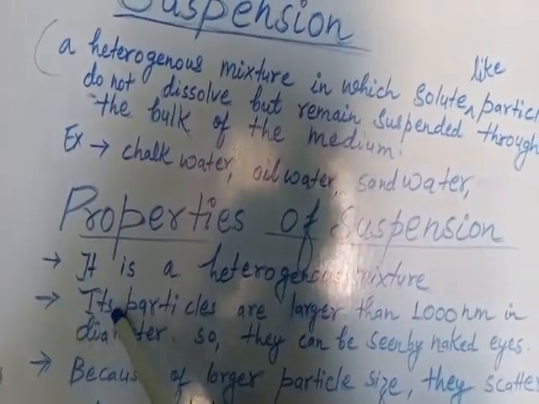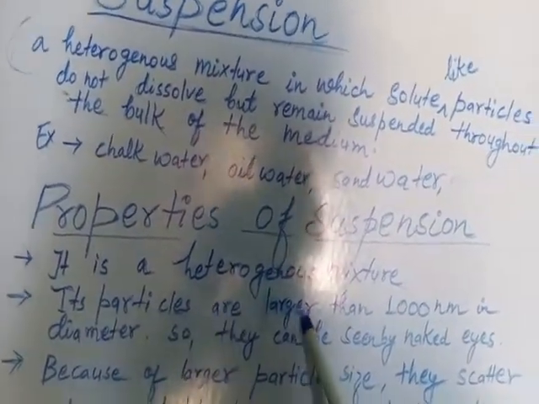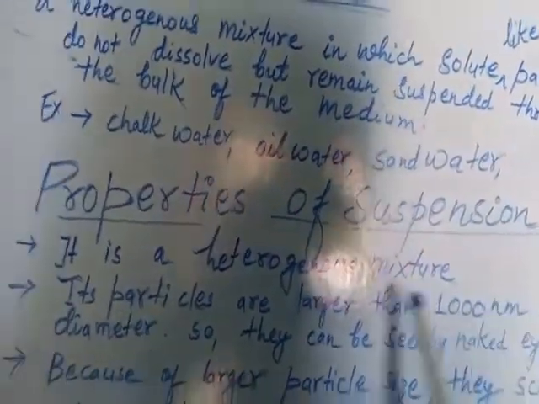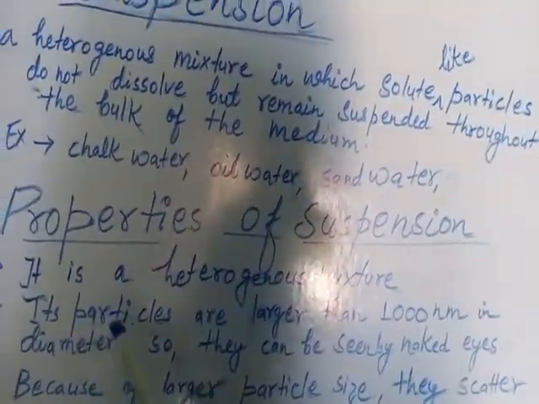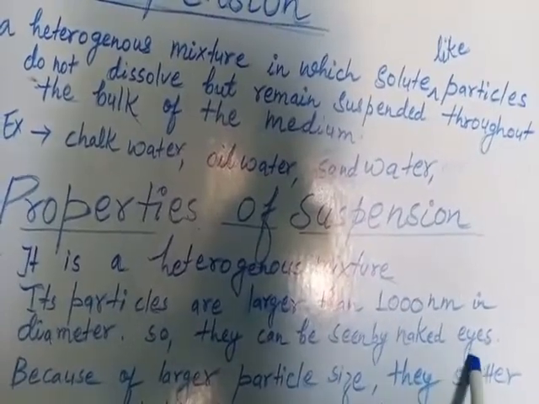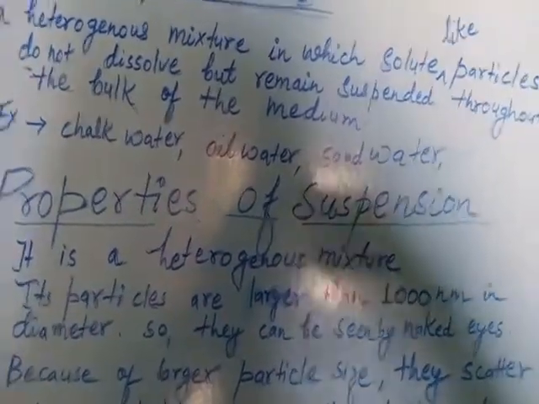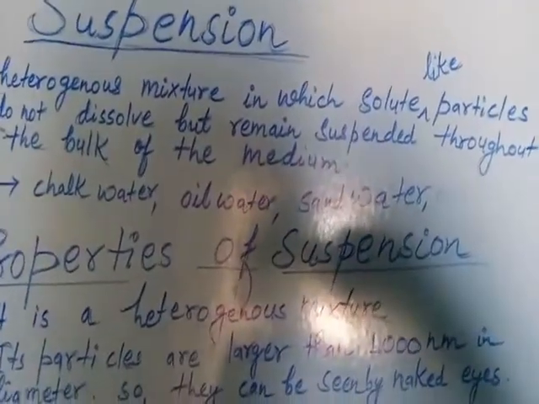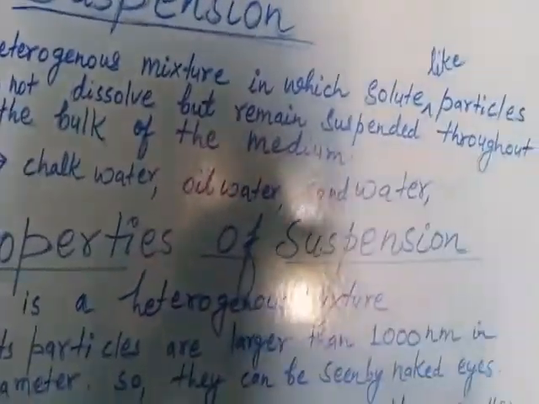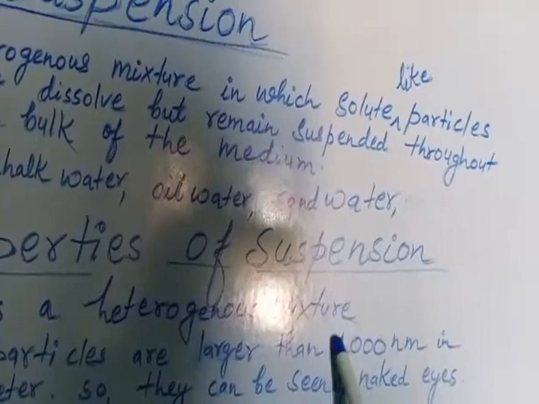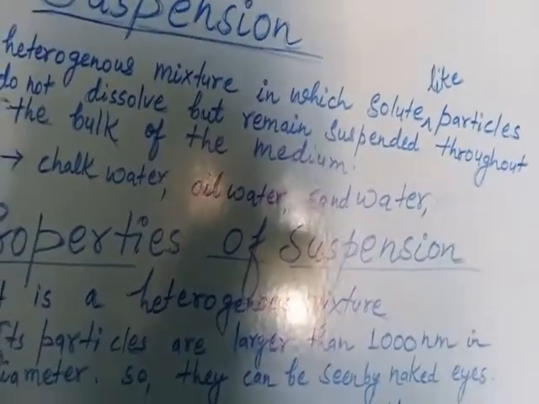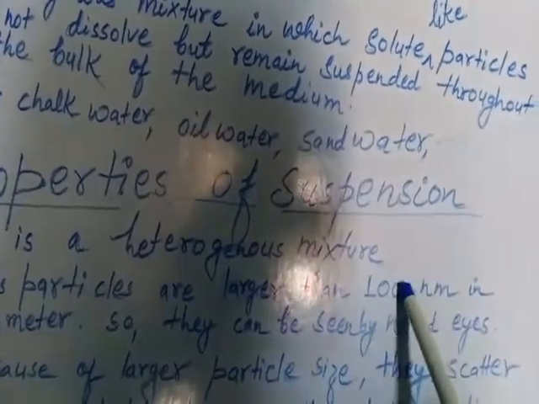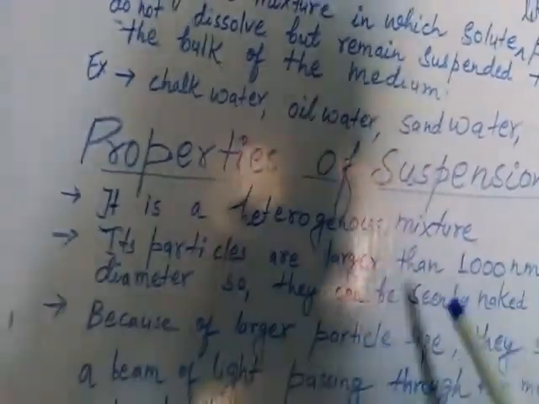Second property is its particles are larger than 1000 nanometer in diameter, so they can be seen by naked eyes. So particle size in suspension is very large as compared to solution, that is more than 1000 nanometer. That is why the constituent particles or solute-like particles can be seen by the naked eyes.